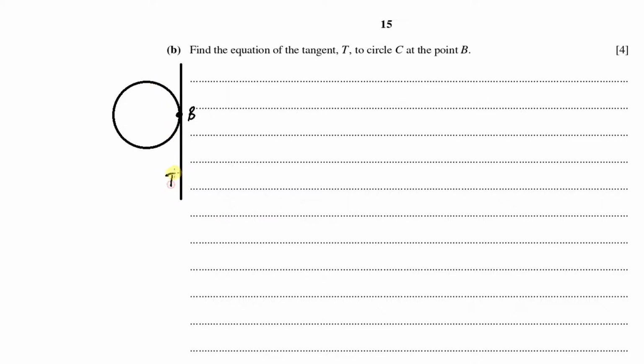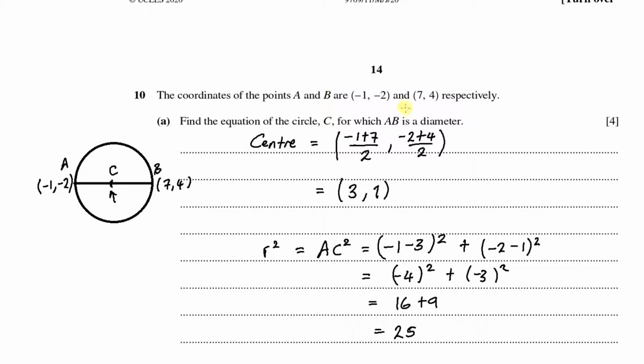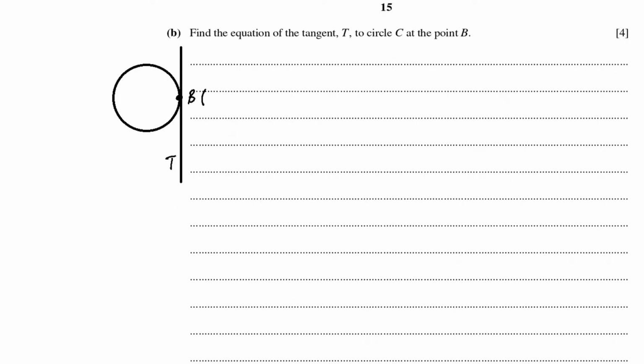The tangent is T. Okay, we already have the coordinates of B, and the coordinates of B we have been given as (7, 4). So we have (7, 4) here, and we also know the coordinates of the center, which are (3, 1).